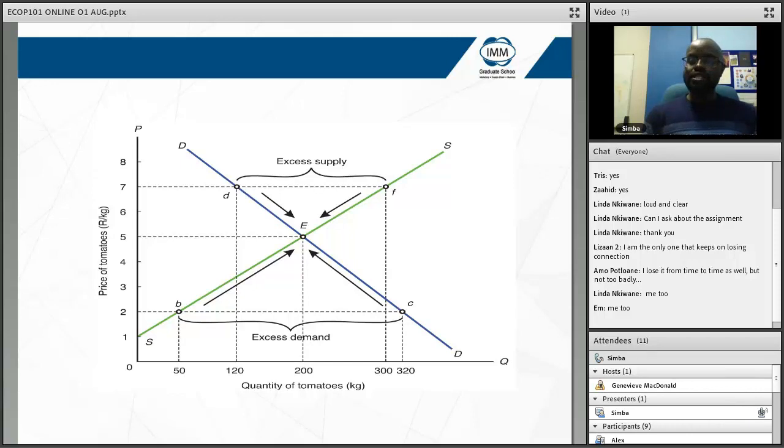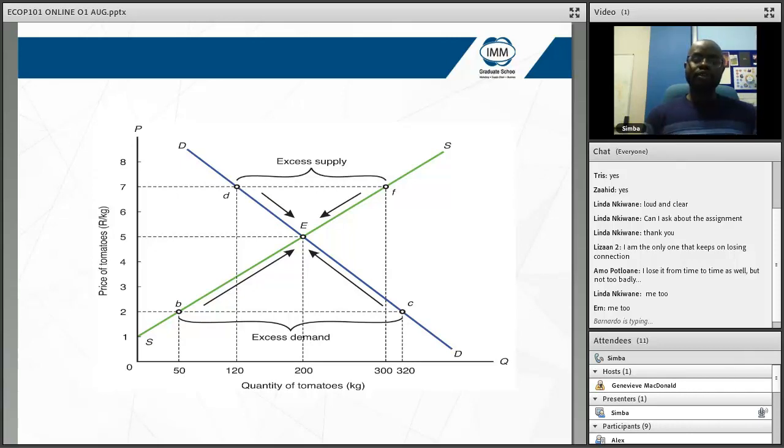But when government intervenes, it becomes a different ballgame, because now the market forces can no longer play their part because of the intervention that the government has put in place. Let's say they institute a maximum price. A maximum price is always put below equilibrium for it to be effective.